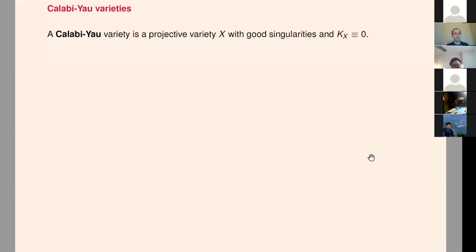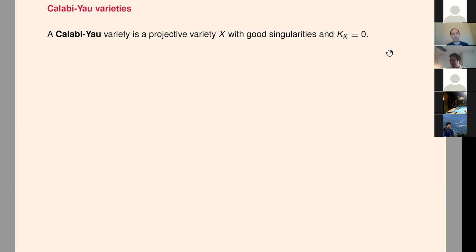Okay, now let's talk about Calabi-Yau varieties. Again, I will go through some examples and look at Calabi-Yau fibrations and so on. A Calabi-Yau variety is a projective variety with good singularities and K being trivial in a numerical sense, not necessarily linearly trivial, but just numerically trivial, which actually implies that some multiple of K is linearly trivial.